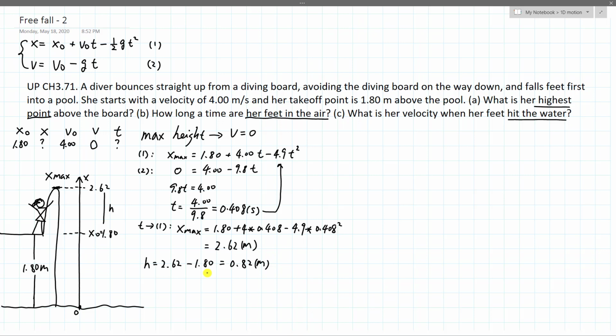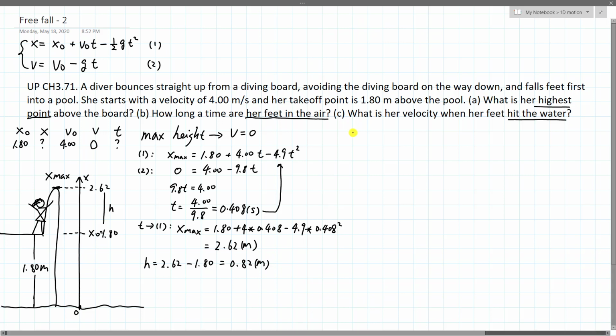Okay, so let's move on to the next part where she falls into the water, almost hitting the water. One thing to remind you is this whole motion is actually entirely described by these two equations, not just the up part, not just the down part, but the whole part.